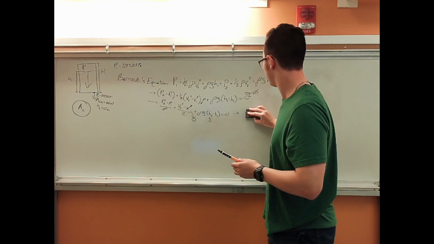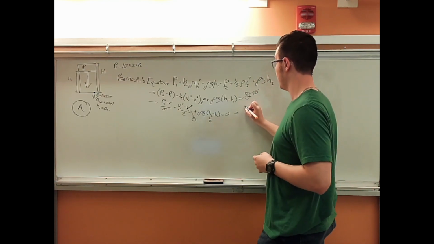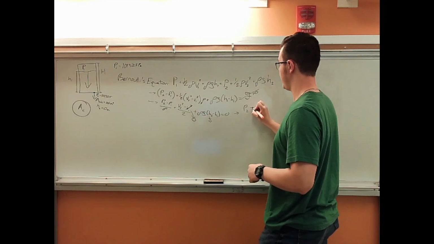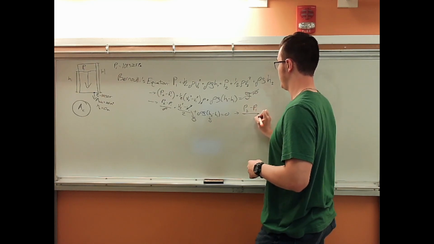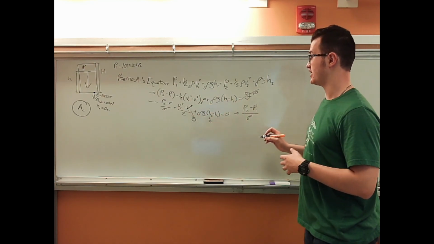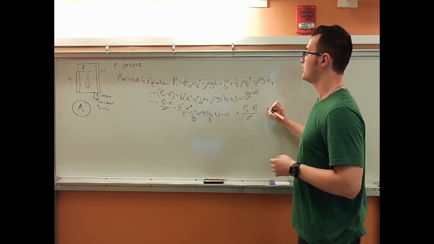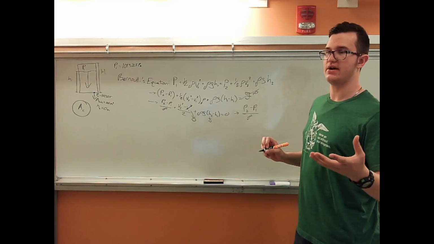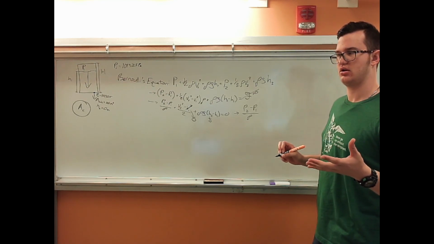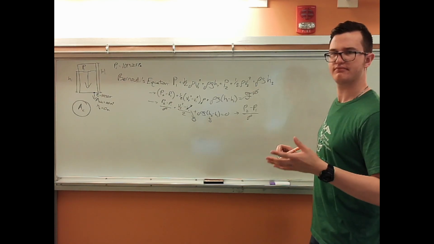I'll substitute in the difference in pressures between state 1 and state 2, so P2 minus P1 divided by the density of water, which is 1 or 1,000 depending on what units you're using. 1 gram per milliliter, 1,000 kilograms per cubic meter, I believe. Something around there.